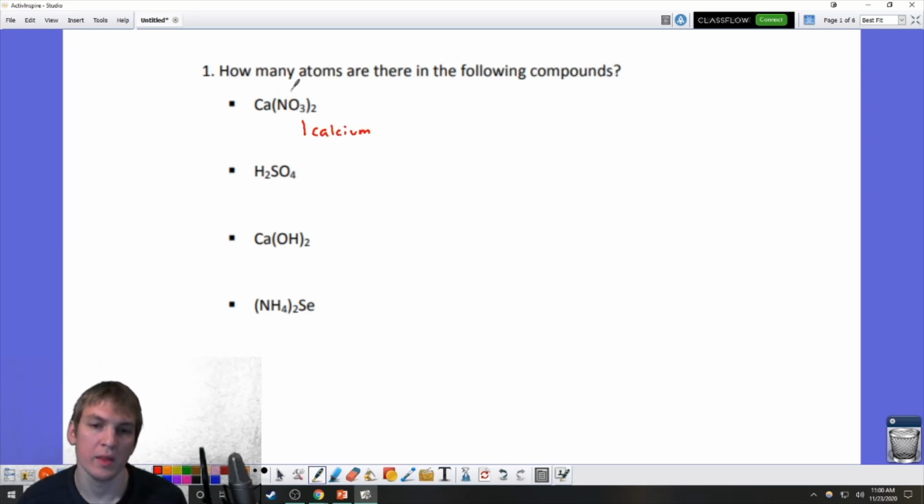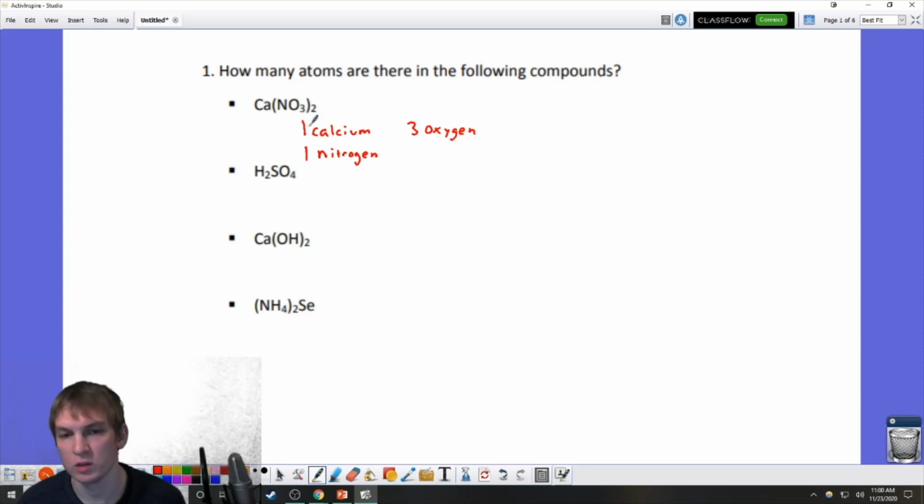Okay, and then we have an NO3 in parentheses. Let's concentrate on that first. The NO3 right here has so far 1 nitrogen and also 3 oxygens. But what we can see here is that the number 2 means we have 2 of this entire group.